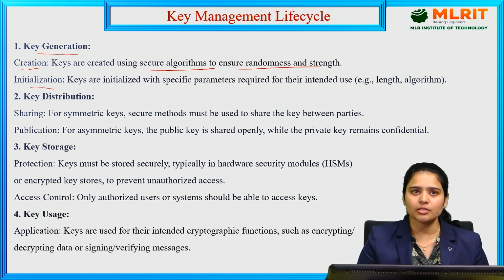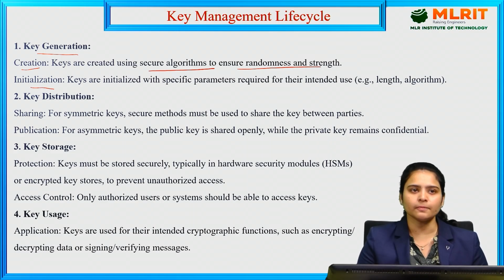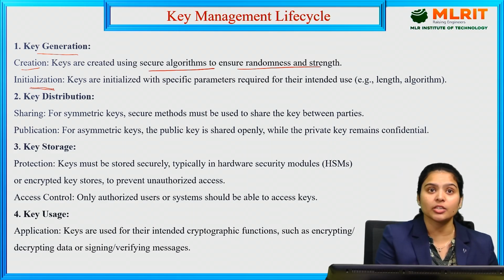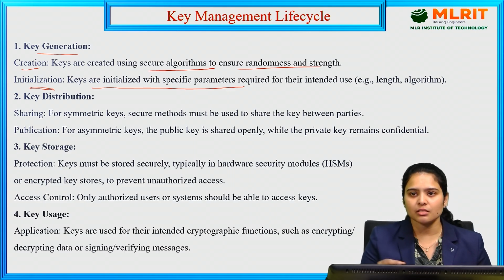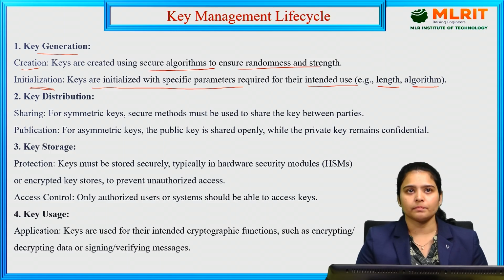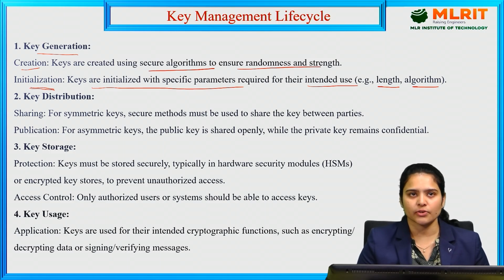After creation we go to the next step, initialization. In initialization the keys are initialized with specific parameters, meaning intended use, for example length and algorithm. Those are the two parts of key generation.